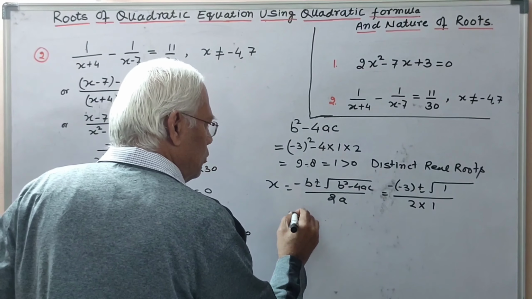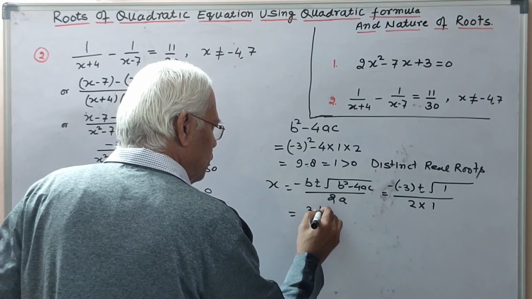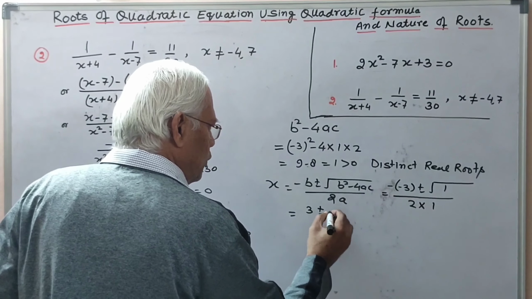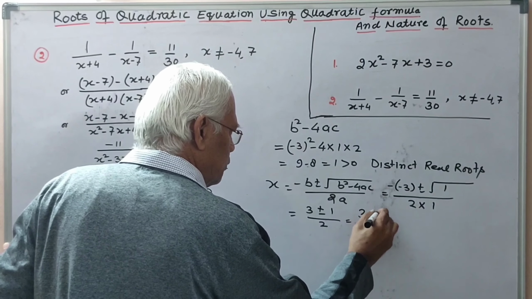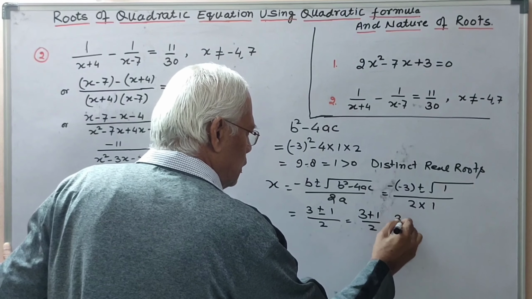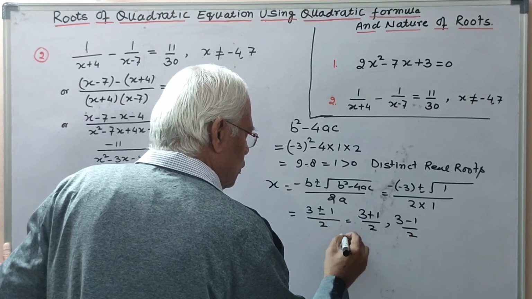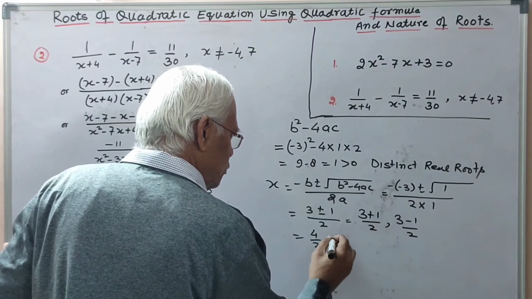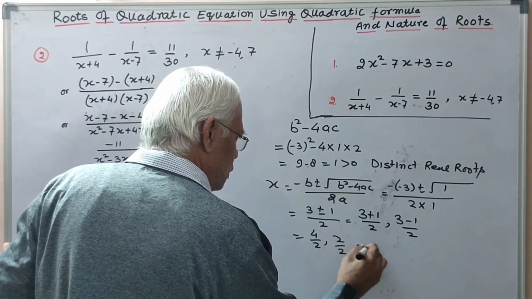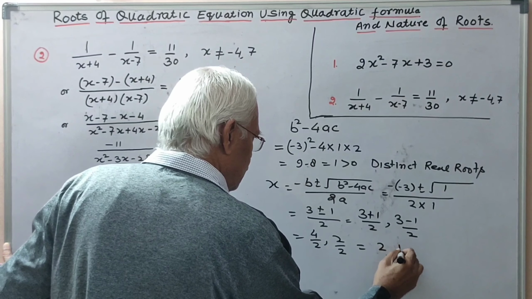So this is equal to 3 plus minus square root of 1 is 1 divided by 2. So this is equal to 3 plus 1 upon 2 and 3 minus 1 upon 2. So 4 upon 2 and 3 minus 2, 2 upon 2. So this is equal to 2.